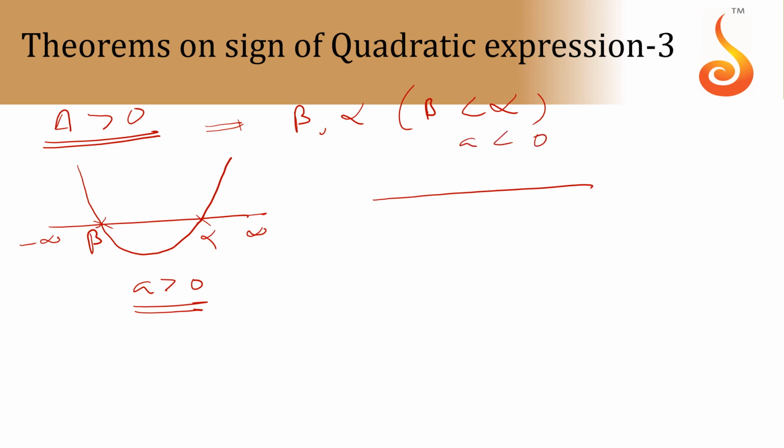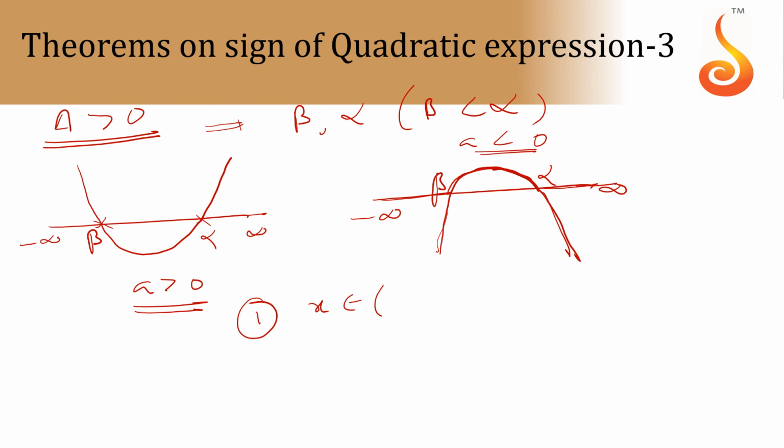When a is less than 0, it should be a downward parabola. Minus infinity, beta, alpha, infinity. So for a less than 0, if you observe carefully, outside the roots, expression is negative. In between the roots, expression is positive. So can I say two bits like this now?